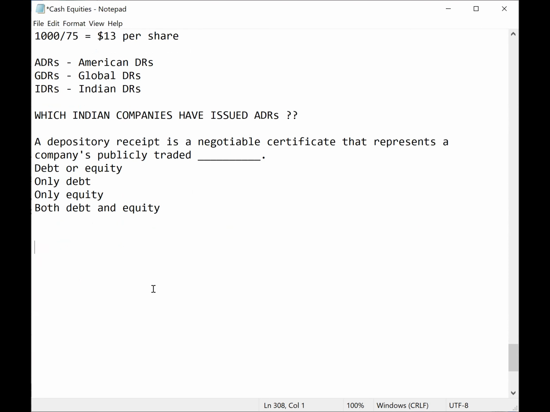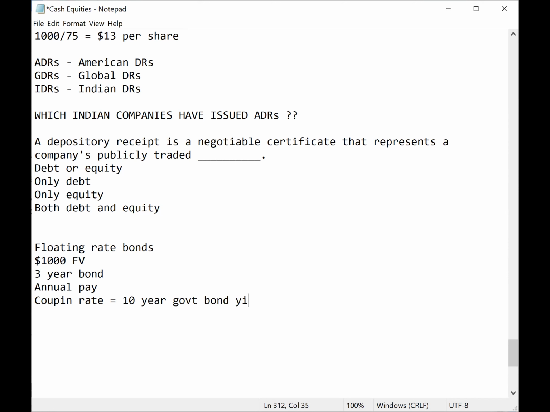See, guys, what happens in case of floating rate bonds is we can say that we are issuing you $1,000 face value, 3-year, annual pay bond, and the coupon rate would be equal to the 10-year government bond yield plus 3%.